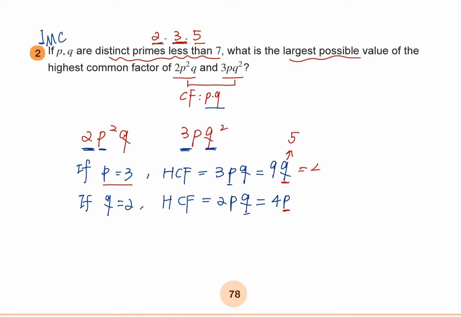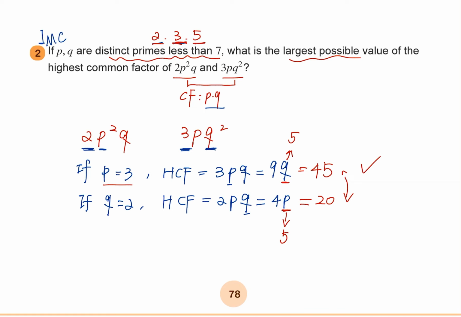That would then be 45, 5 times 9. For the second one, if you want this to be larger, you can choose from 3 and 5. If you let p be 5, then the highest common factor would be 20. If you compare these two, the first gives you a larger highest common factor.